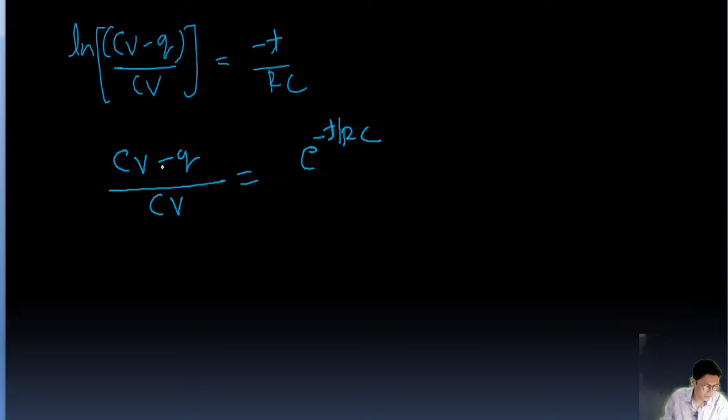Okay, so from here we can write value of qt is going to be CV into 1 minus e to the power minus T upon RC.